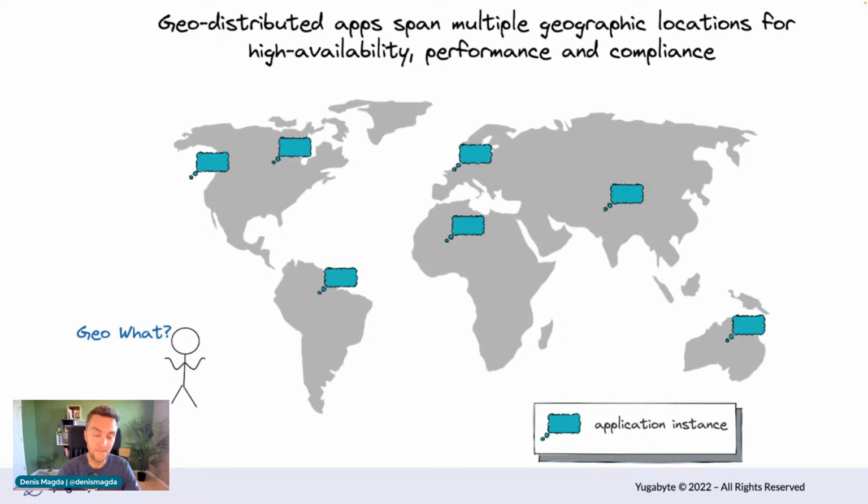If you open Google, or ask ChatGPT what a geo-distributed application is, it's highly likely that you will find this definition. A geo-distributed app is an application that spans across multiple geographic locations. For what reason? For high availability, performance, and compliance. And we are going to cover the high availability feature of those applications today.